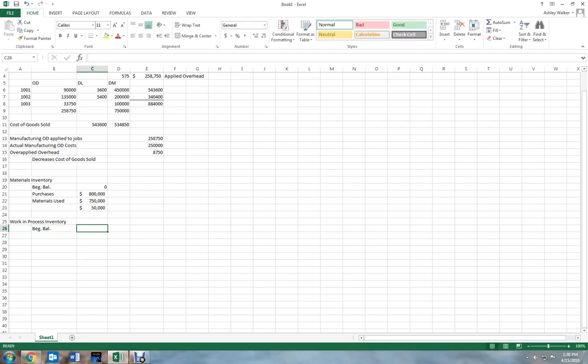It's our first month of operations, so there can't be a beginning balance in there. Okay. So we know how much indirect materials we spent. Let's make these pretty here.